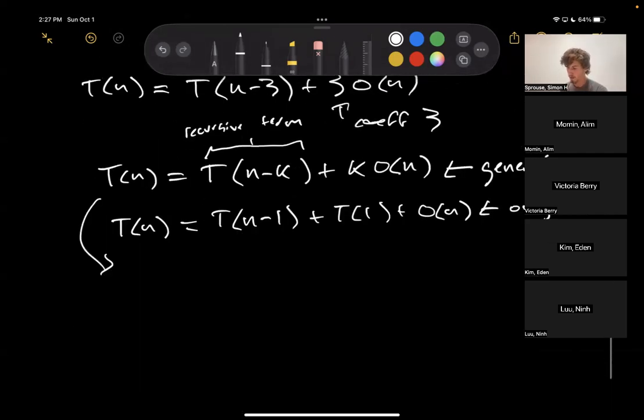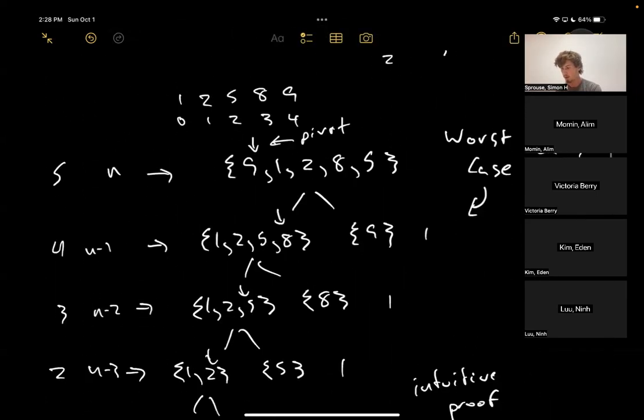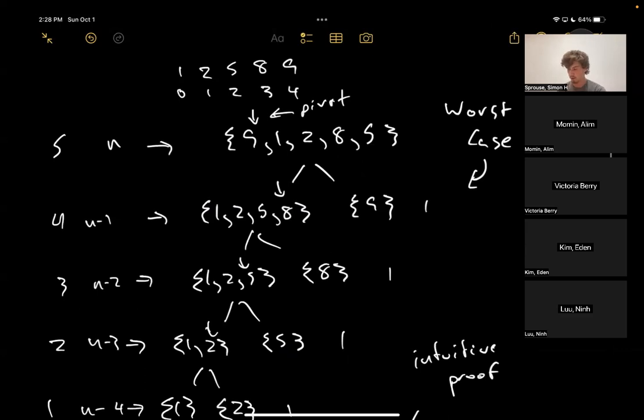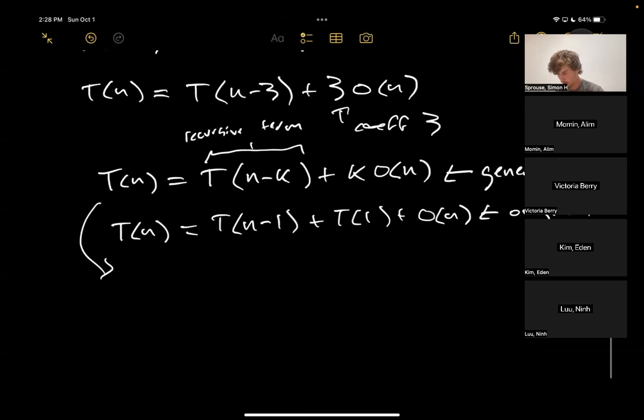Okay, so now that we have this general formula, what do we do with it? Well, ideally, we're reaching the base case, right? That's what's actually happening when we're doing the recursion, because when we start with a list of this size, we're working to get towards a list of size 1. So in this formula, let's work to get our base case. So remember, our base case was T of 1 is equal to 0.